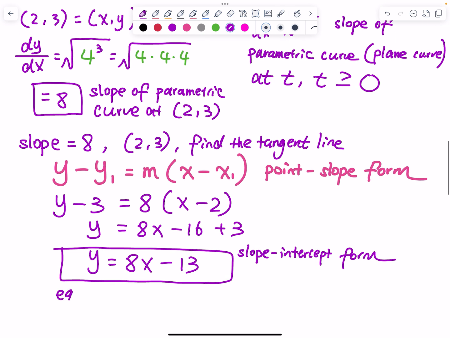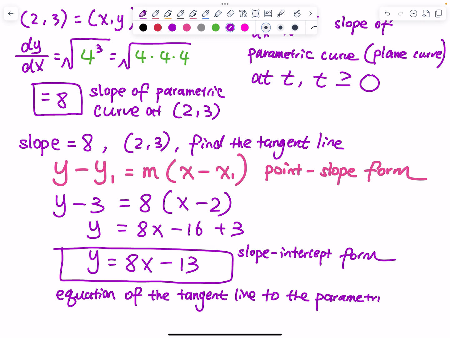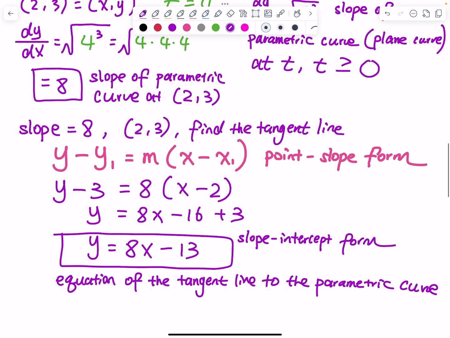So that is the equation of the tangent line to the parametric curve at that point, 2 comma 3. So at this point, we just walked through the basics of derivative in differential calculus.